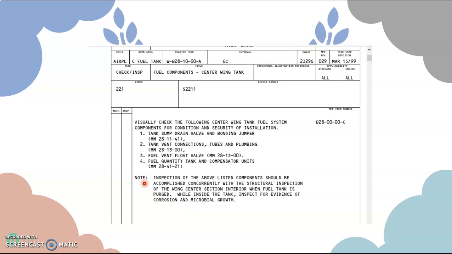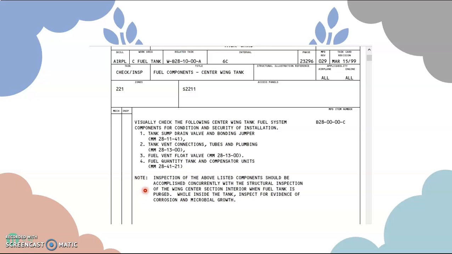Okay, we have a note here. Inspection of the above listed components should be accomplished concurrently with the structural inspection of the wing center section interior when the fuel tank is purged. While inside the tank, inspect for evidence of corrosion and microbial growth.